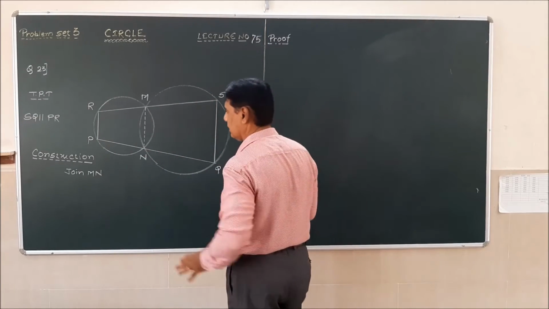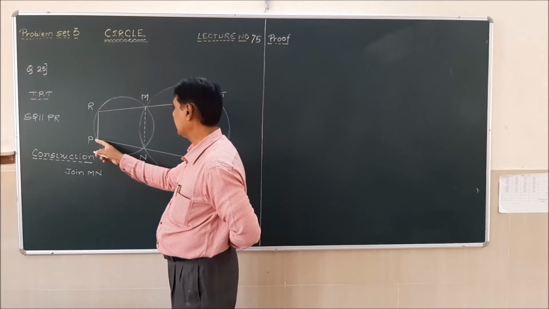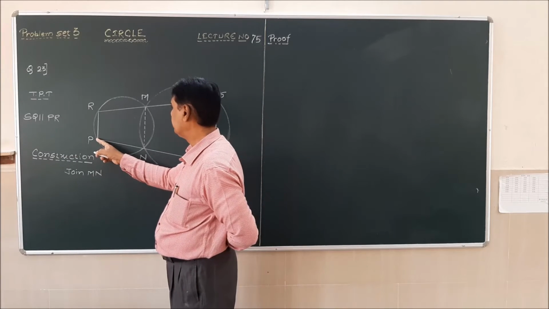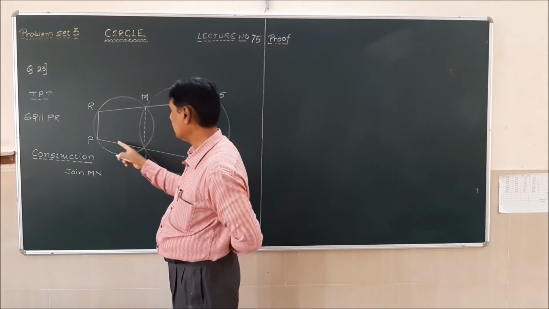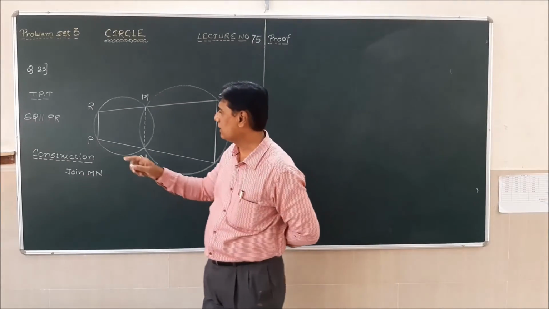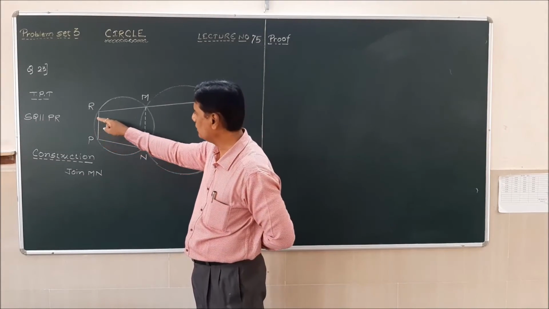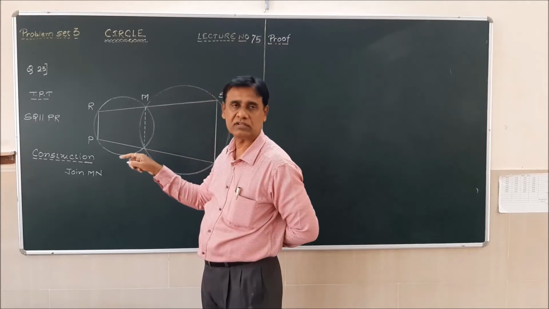So you will notice a very important thing: quadrilateral PRMN is a cyclic quadrilateral. Why is it cyclic? Because you will find all the vertices of this quadrilateral are lying on this smaller circle.